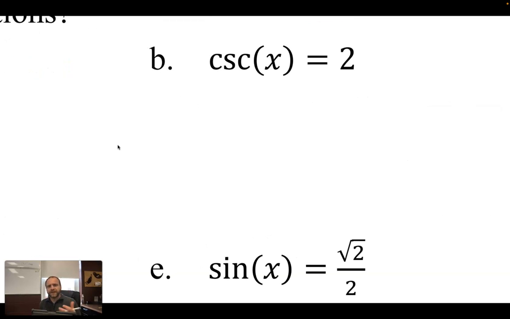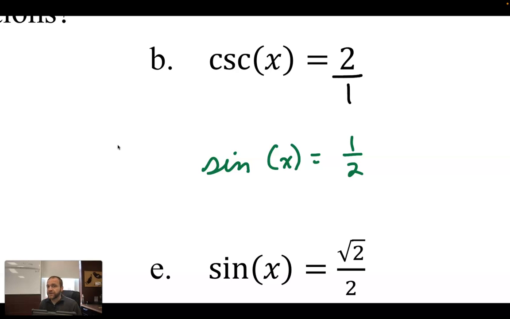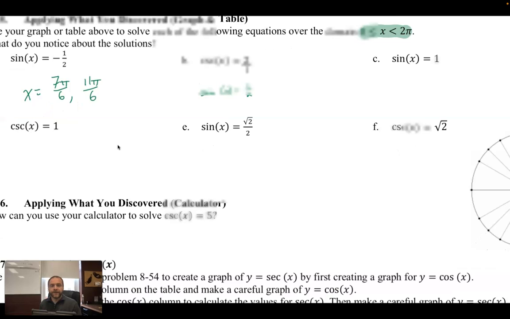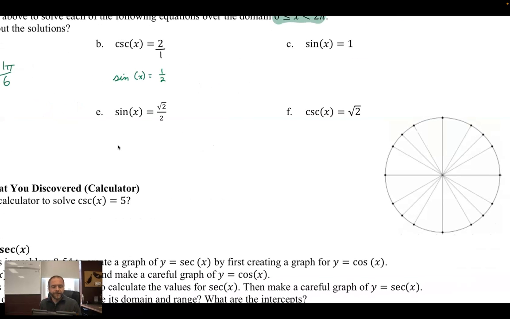If cosecant of x is really 2 over 1, then wouldn't that make the sine of x equal to 1/2? And so that's going to allow me to use the unit circle. If I change cosecant into sine, where does the sine of x equal 1/2 on the unit circle? That would be about right here, which is here and here.